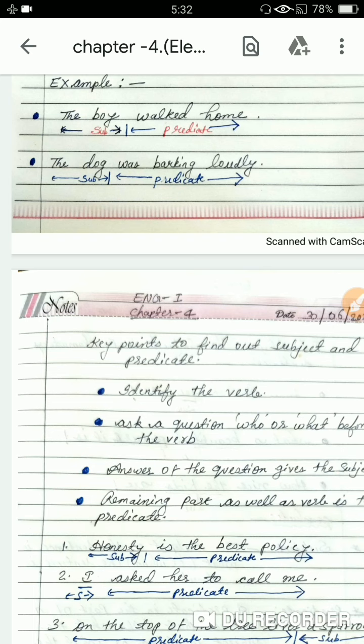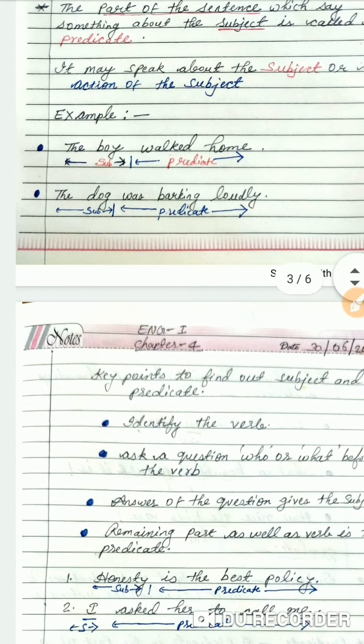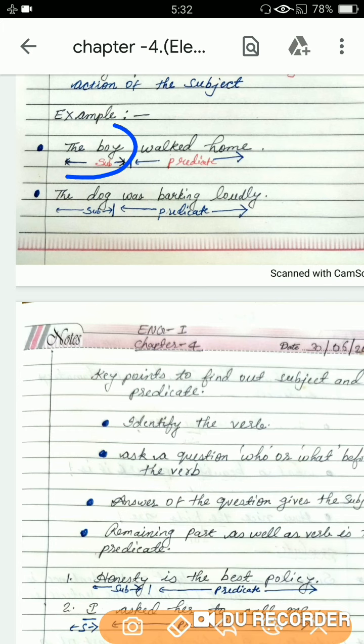In this sentence, who walked? The answer will be the boy. So this will be the subject and this portion, walked home, will be the predicate, which will contain the verb and the information.